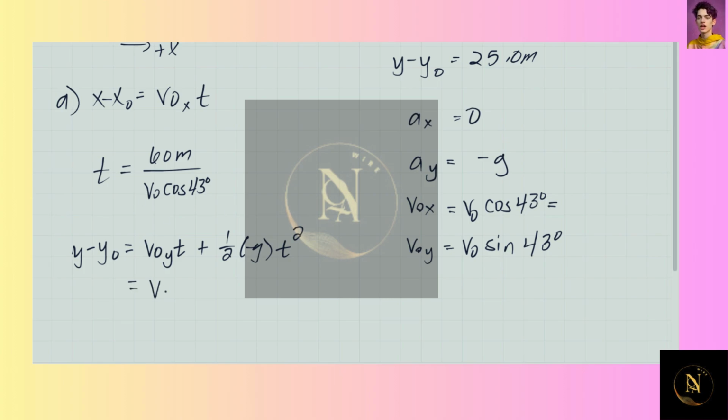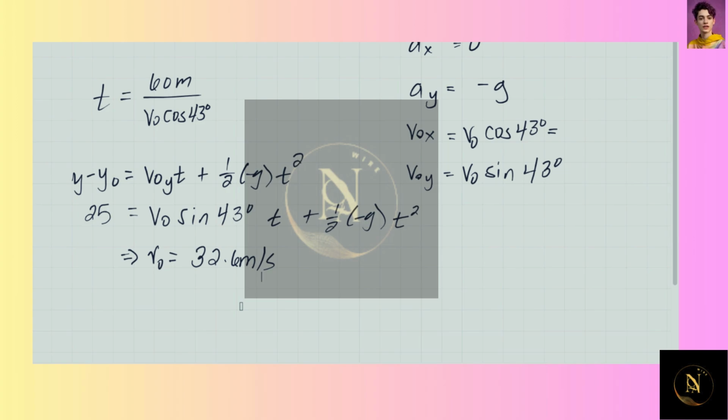So we can say that this is v sub naught sine of 43 degrees t plus 1/2 negative g t squared. Solving for v sub naught using algebra, we get 32.6 meters per second.